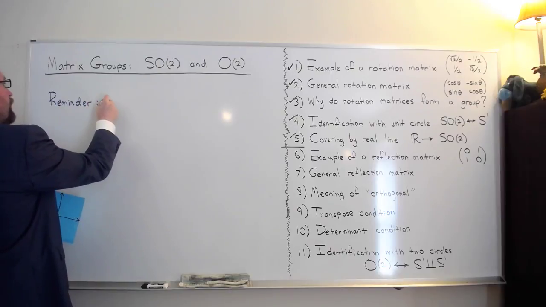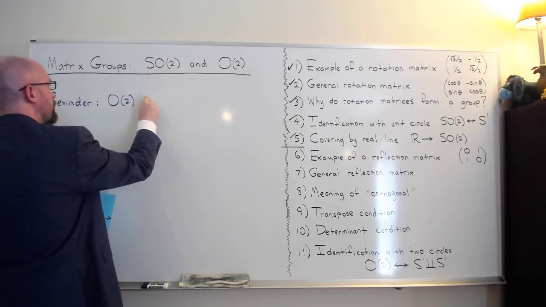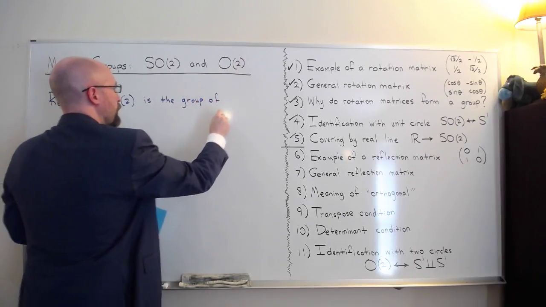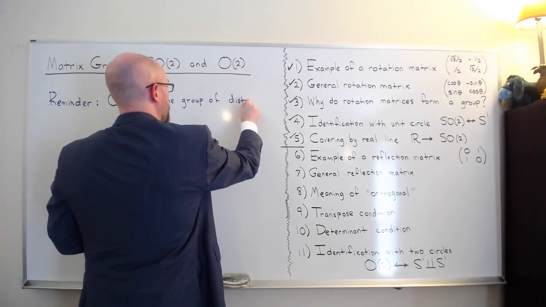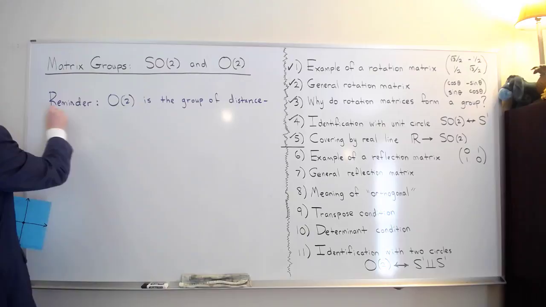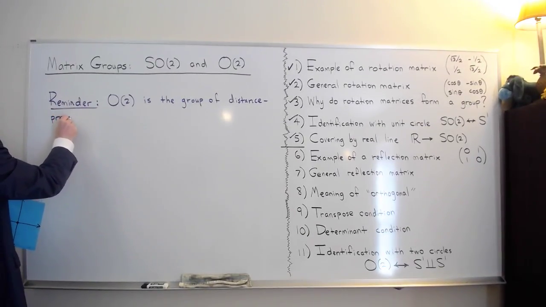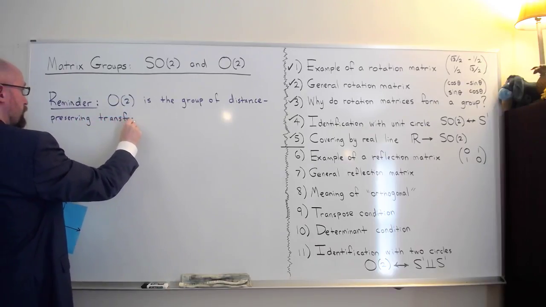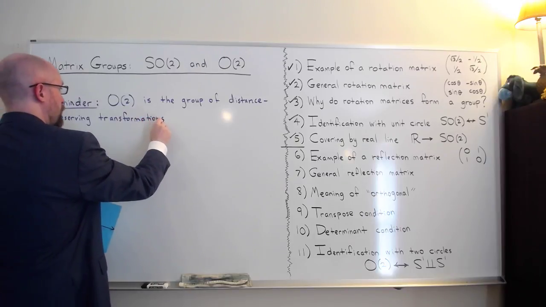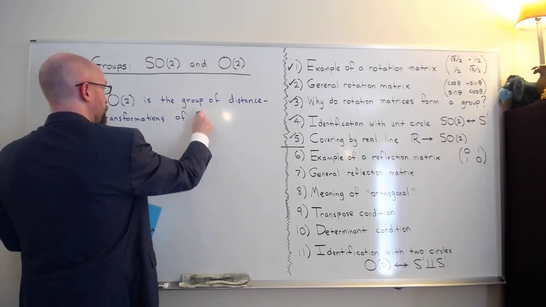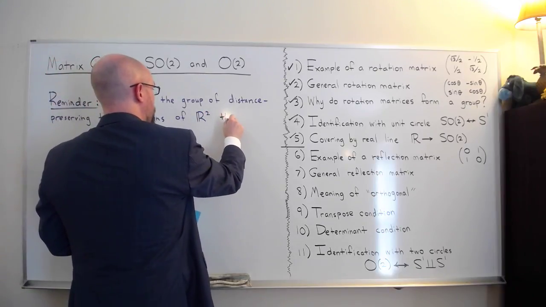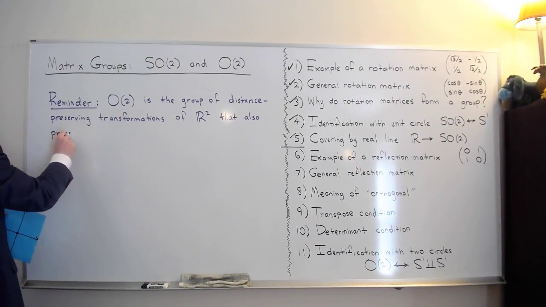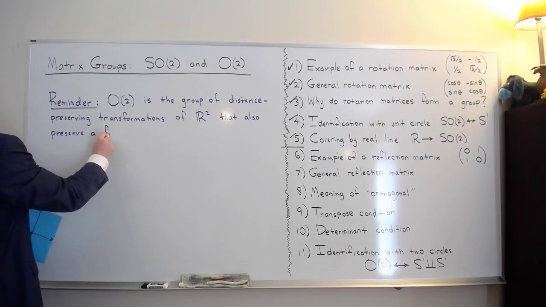So reminder, I told you at the beginning that this O2 is the group of distance preserving transformations of the plane that also preserve a fixed point.